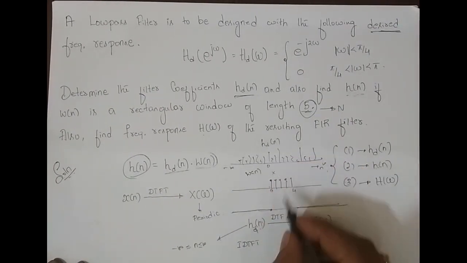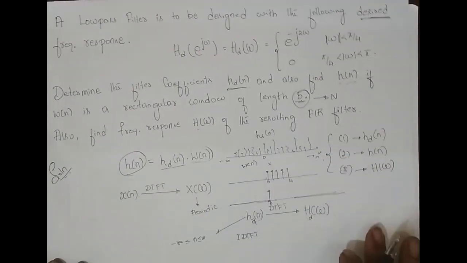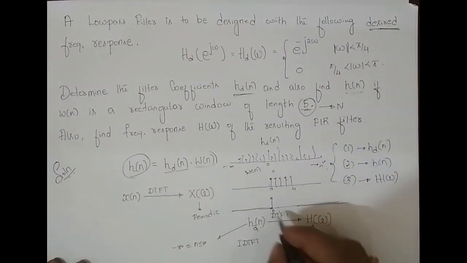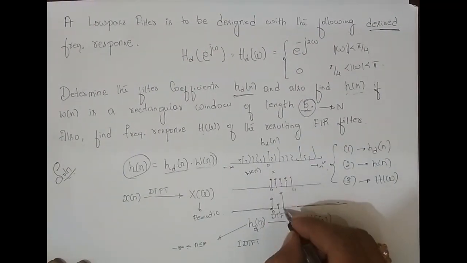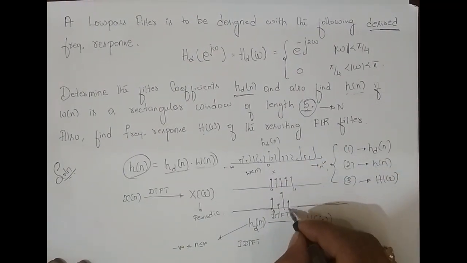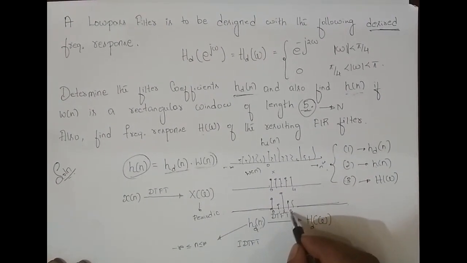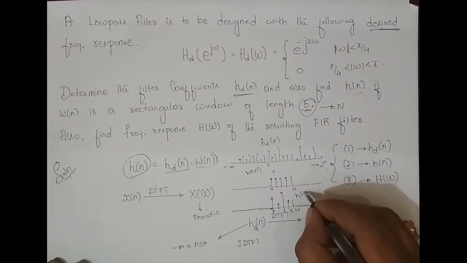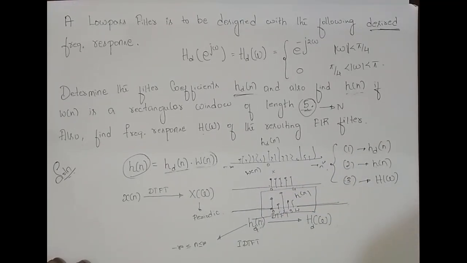Whereas 1 times this sample gives me this sample at n equal to 0, at n equal to 1 the same sample, and so on. So this is 0 1 2 3 4. This is h of n, the impulse response of an FIR filter.